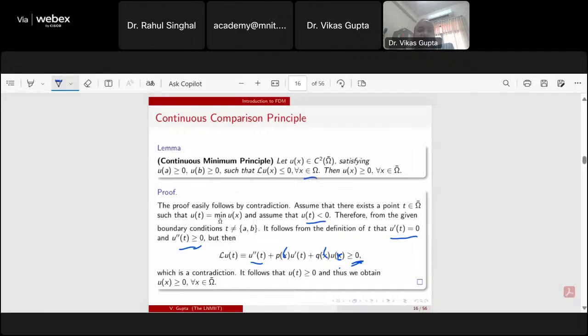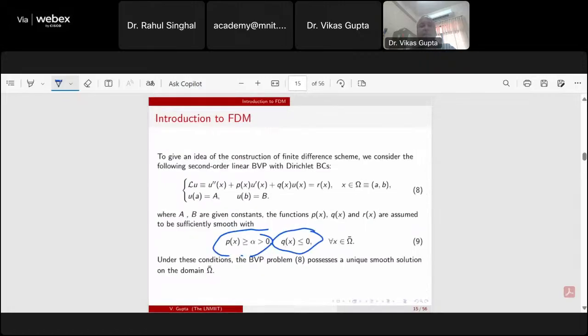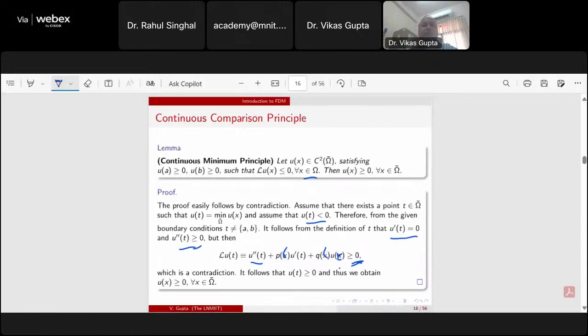So it follows that our initial assumption is wrong. It follows that u(t) is greater than or equal to 0, where t is the point of minima. That implies u(x) is always non-negative for all x belonging to omega bar. So this continuous comparison principle ensures that the operator L discussed in the continuous problem is inverse monotone.